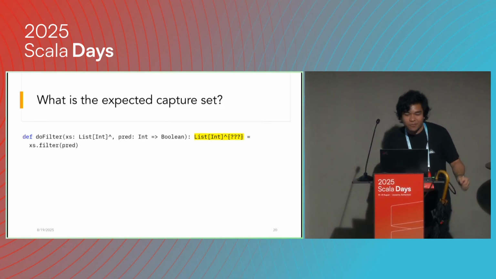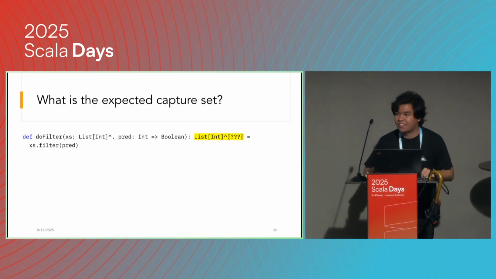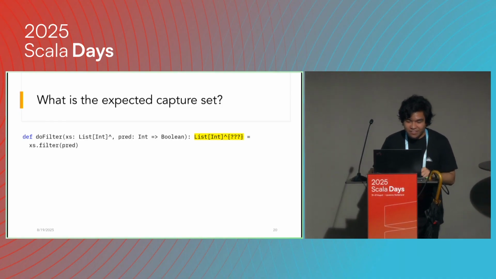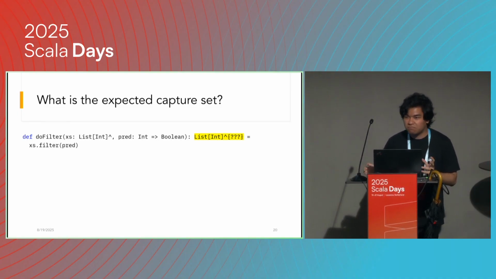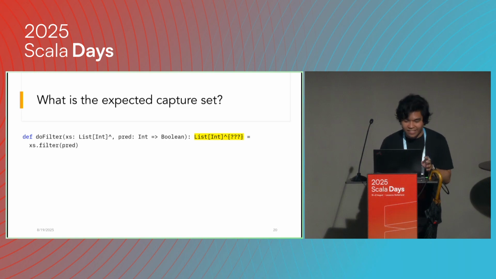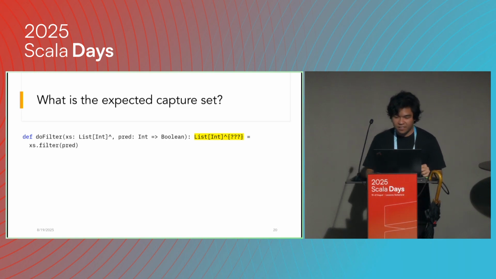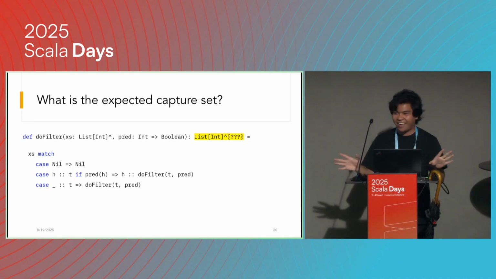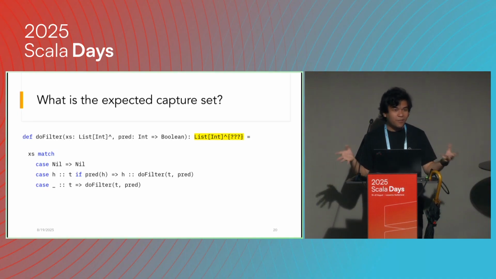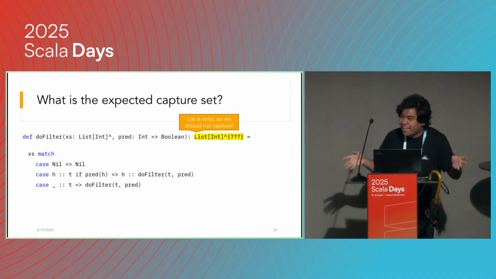Okay, next question. What is the expected capture set of this function? This is the same function. It takes a list instead. It's exactly a scala.collection.immutable.List. Empty set. Exactly. So again, I unfold the implementation. We just do a pattern matching, and we don't really capture anything, right?